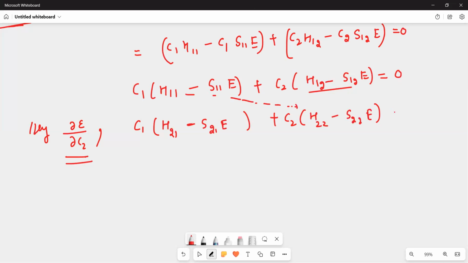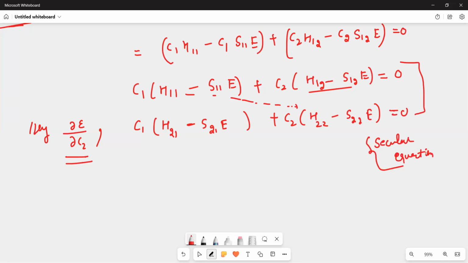These two equations are known as secular equations, which give a non-trivial solution. We can generate a determinant using these secular equations.